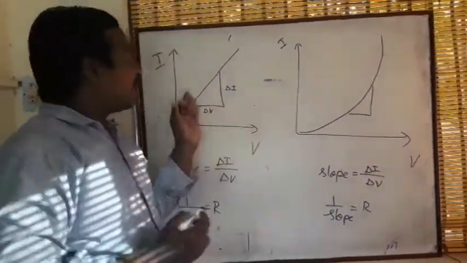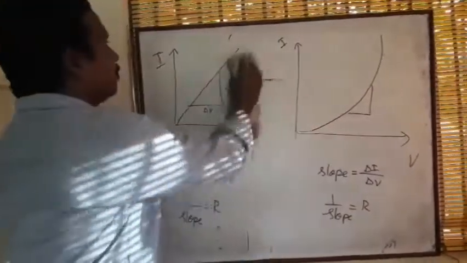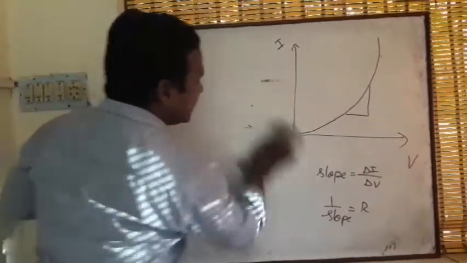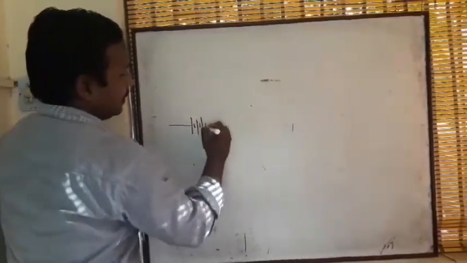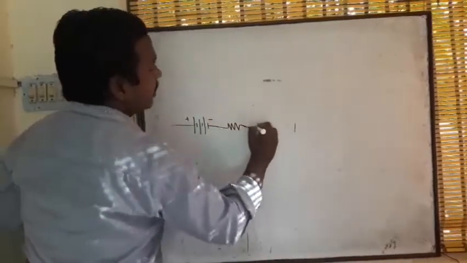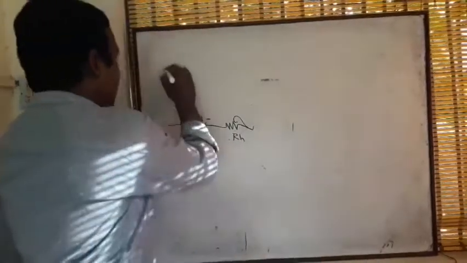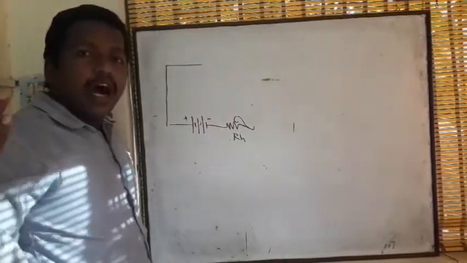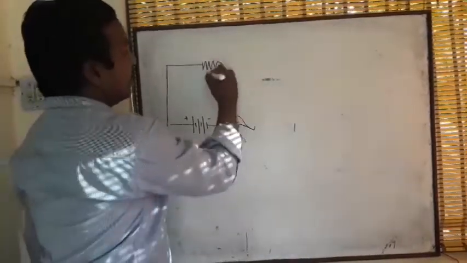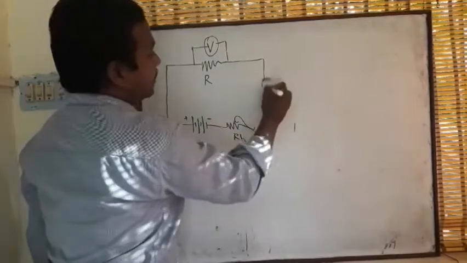When the graph is linear, it obeys Ohm's law. Now I'm going to tell you how to prove Ohm's law. We take a simple circuit constructed with a battery, a rheostat, resistance, voltmeter and ammeter.